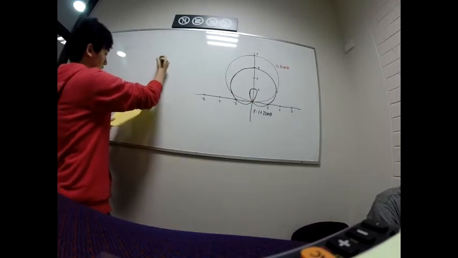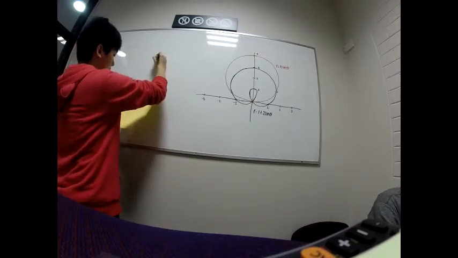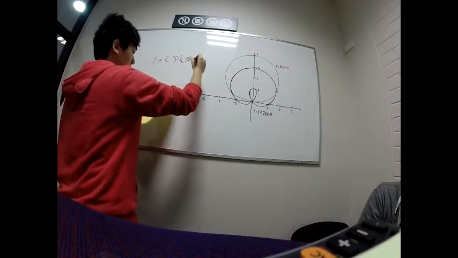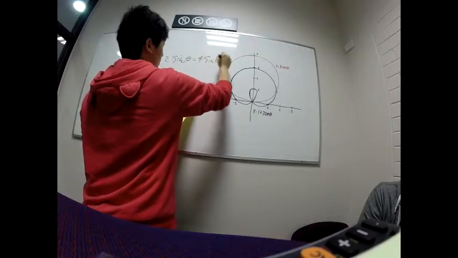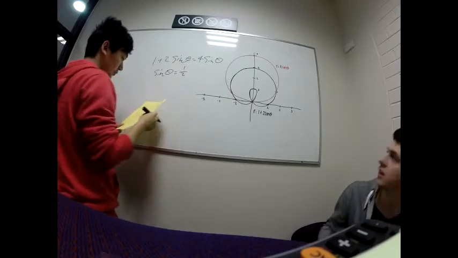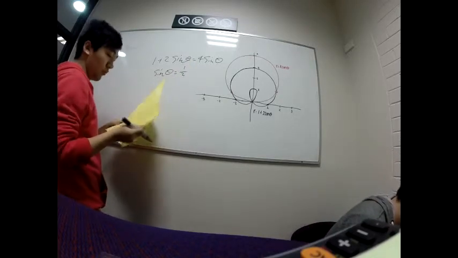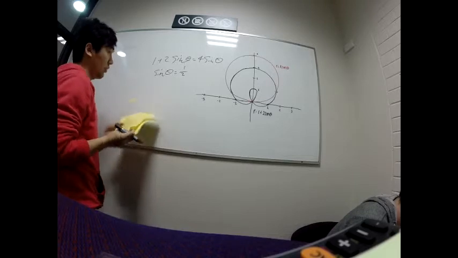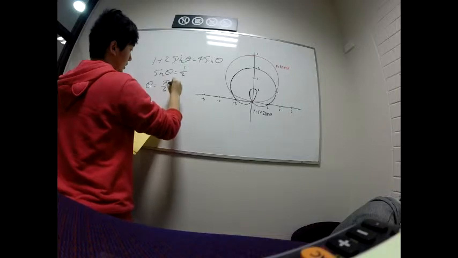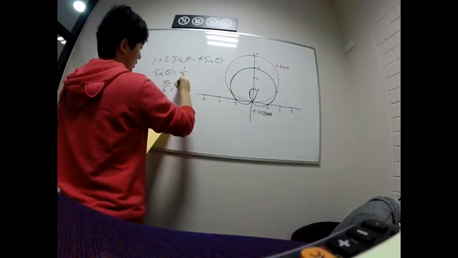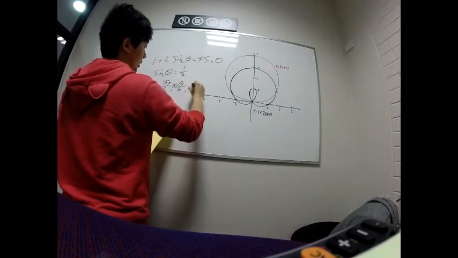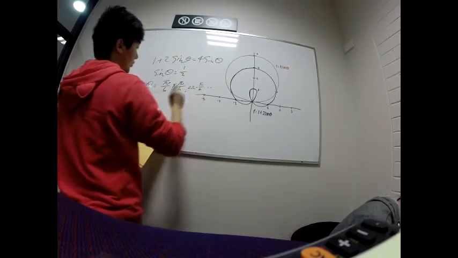Firstly, we just make these two polar curves equal: 1 plus 2 sine theta equals 4 sine theta. Then we get sine theta equals 1 on 2, and then we can get theta equals pi on 6, or pi minus pi on 6, then 2 pi plus pi on 6, and so on.